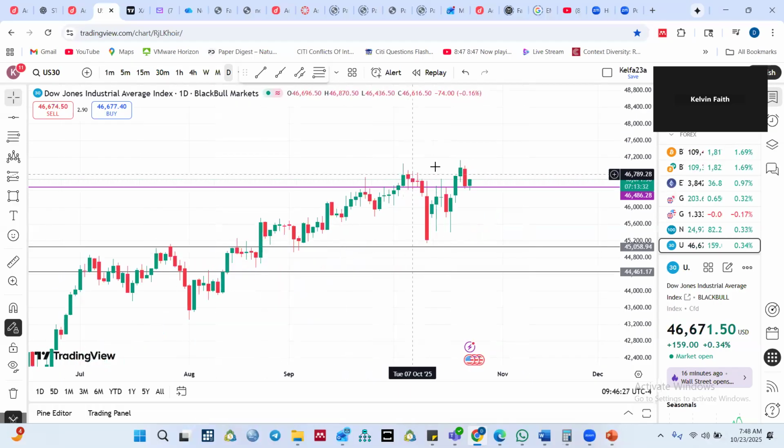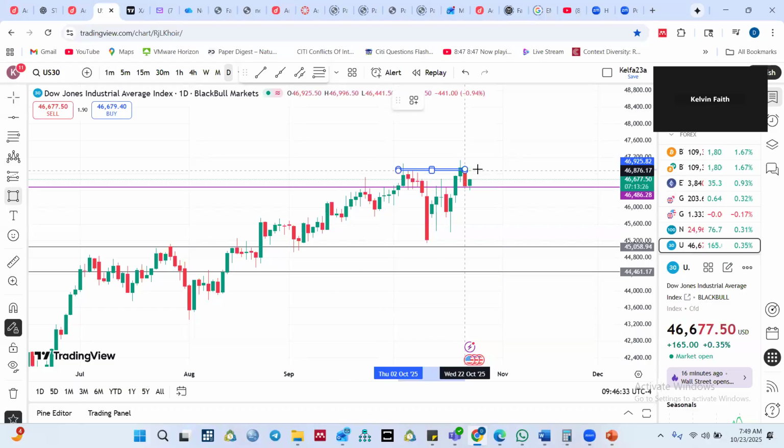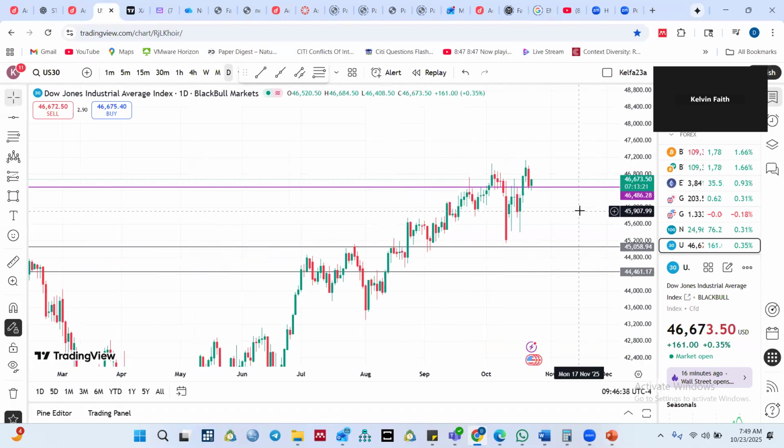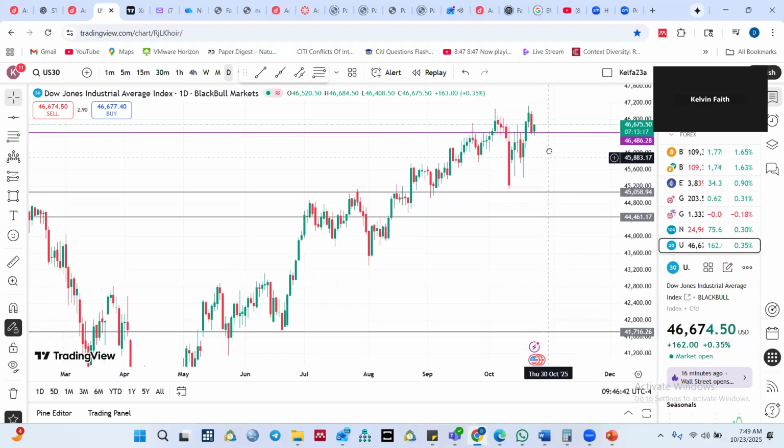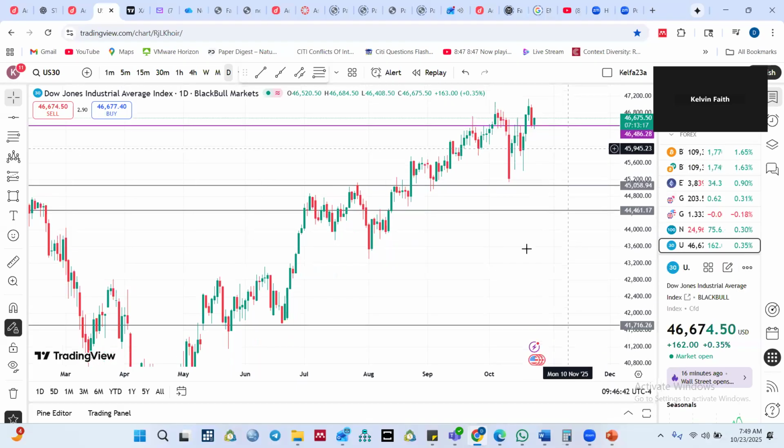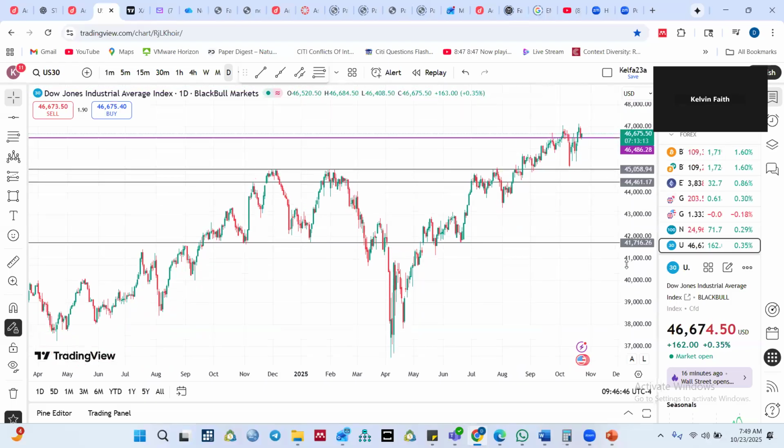But this top here can help us get some kind of a reversal or a very long-term correction. So where are we correcting to?